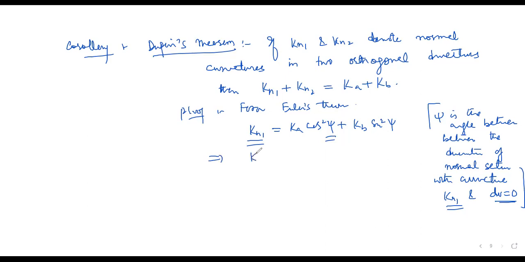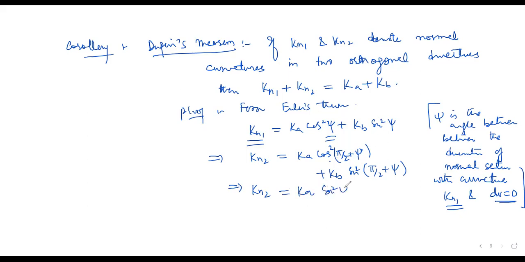So it implies that k sub n2 must be equal to k sub a cos square of pi by 2 plus psi plus k sub b sine square of pi by 2 plus psi. Why? Because they are orthogonal. If this makes angle psi with a certain direction, the direction of k sub n1, then because they are mutually orthogonal, it will make an angle pi by 2 plus psi, which implies that k sub n2 is equal to k sub a sine square psi plus k sub b cos square psi.